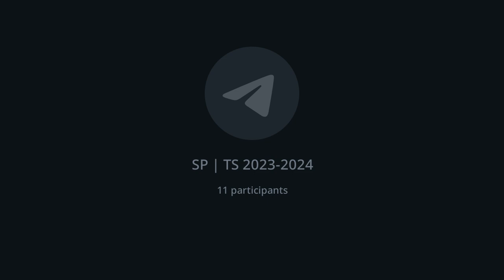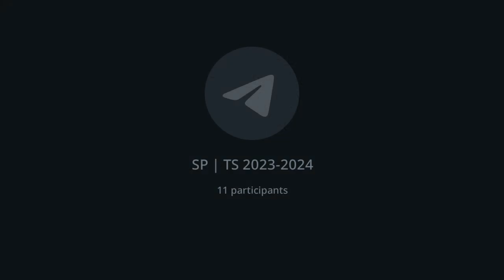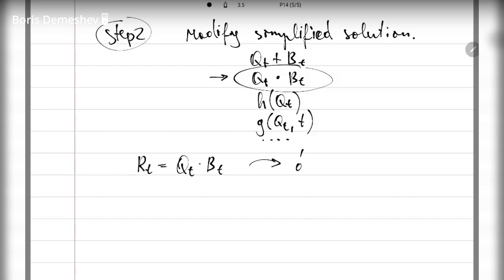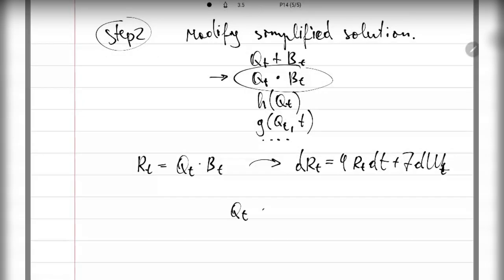But let's follow this strategy. We say that R_t is just q_t multiplied by b_t, and if we plug this into dR_t, that should be equal to 4R_t dt plus 7 dW_t. And if I plug in q_t, then dq_t is 4q_t dt.